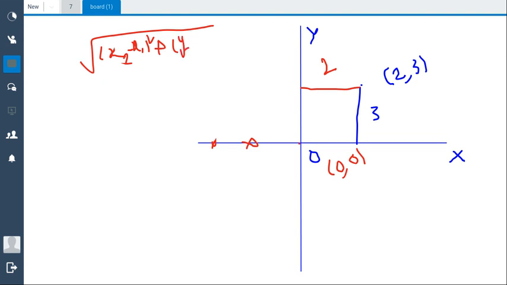That is the distance between 2 points formula. If the 2 points lie on x-axis, the y-term vanishes.